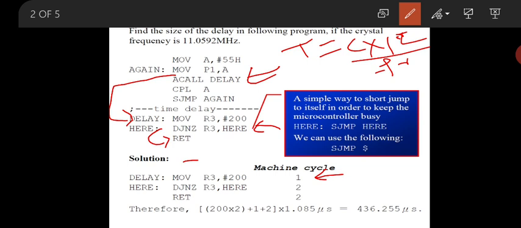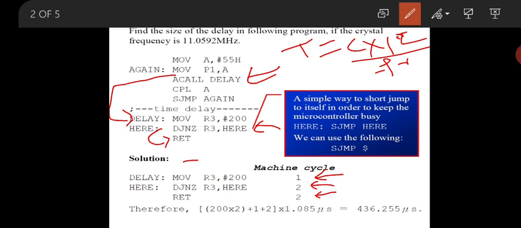One cycle. This is taken from the previous reference data, which you need to remember or try to understand. DJNZ consumes 2 machine cycles, and RET consumes 2 machine cycles.